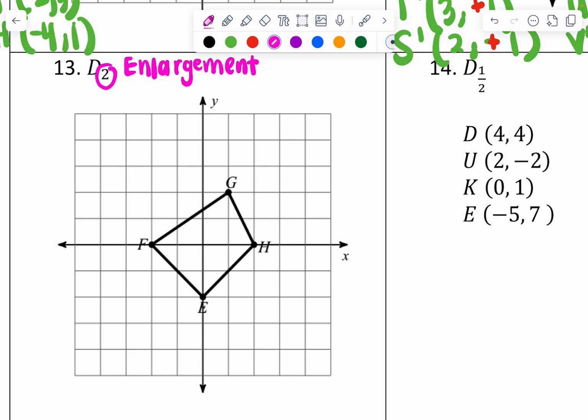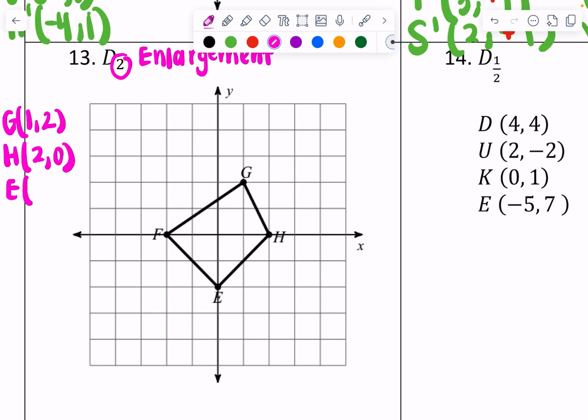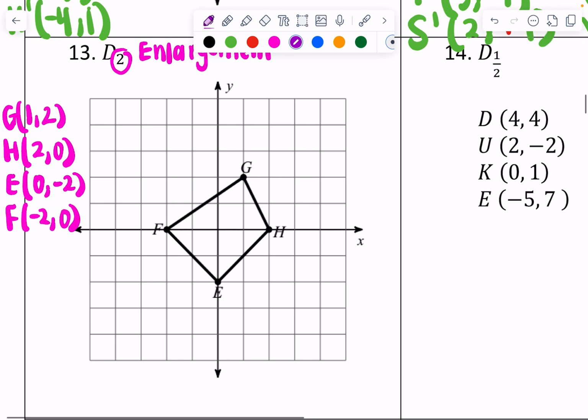All right, so what I'm going to do is take a moment and write down the original X and Y for G, H, E, and F. All right, and then to get the new picture, I'm going to multiply each X and each Y by 2.